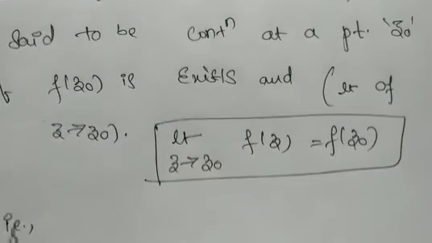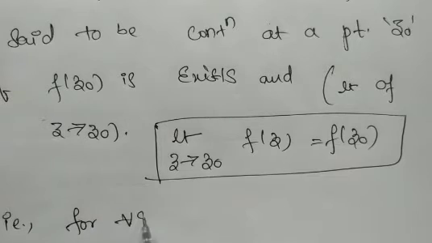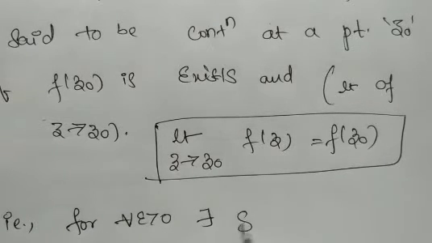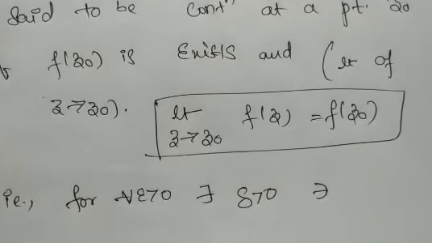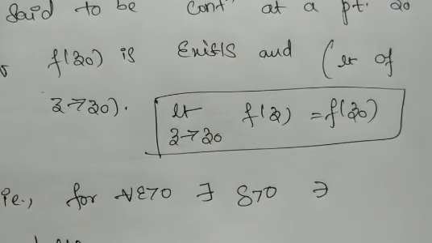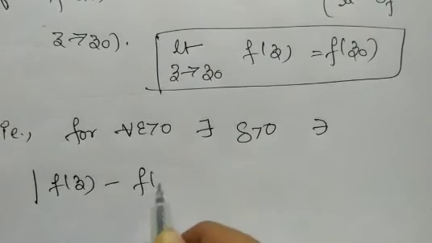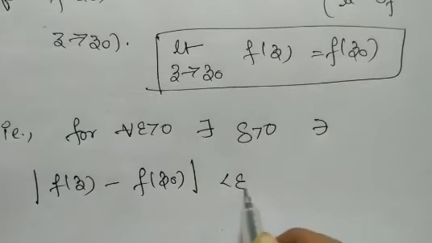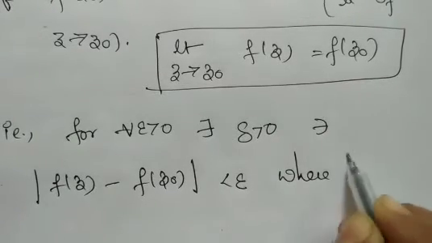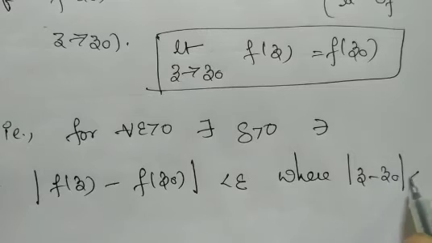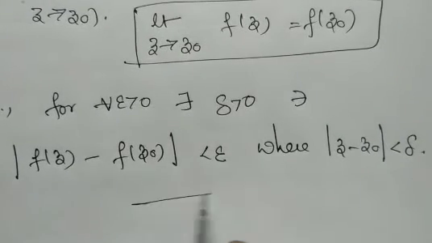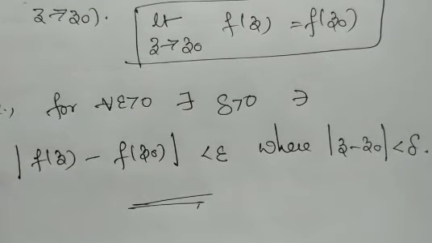In this also, for every epsilon greater than 0 there exists delta greater than 0 such that modulus of f(z) minus f(z naught) is less than epsilon whenever modulus of z minus z naught is less than delta. So this is the continuity of a function at a point z equal to z naught.